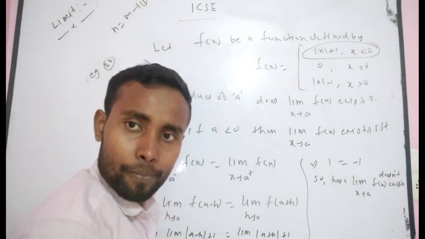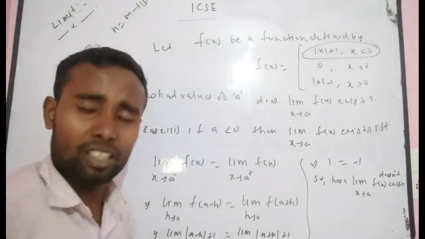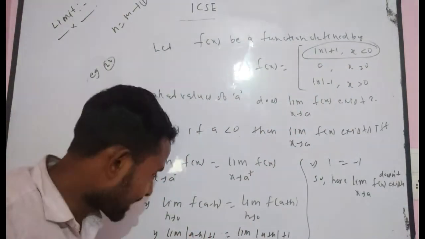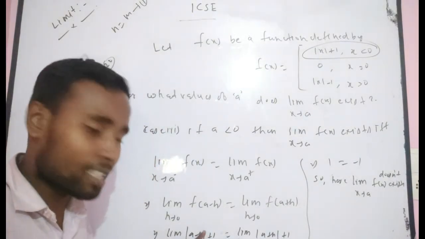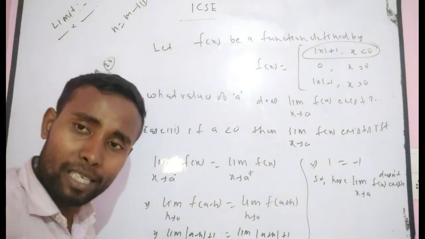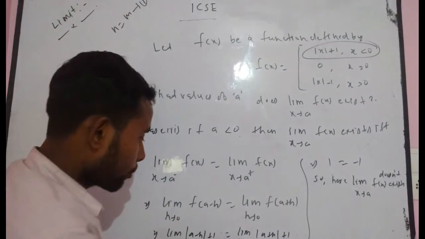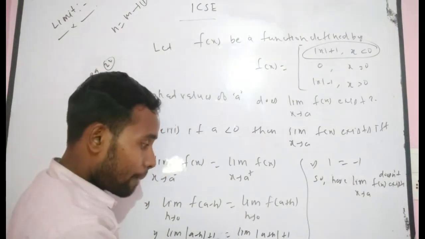Why do we choose it? Because it says slightly less than 0. Slightly less than 0 means that a is negative, h is also positive, and already before h we take a negative sign. In that case, definitely you can say that here it will be completely negative. If it will be negative, then you have to choose positive. In that case, you have to write it as a plus h. If you put h is equal to 0, then it will be a plus 1.